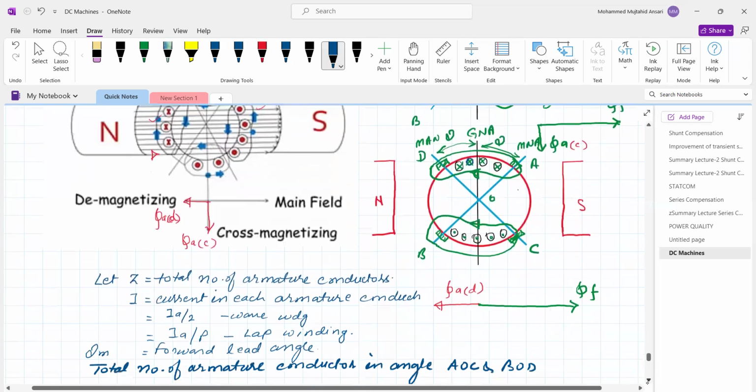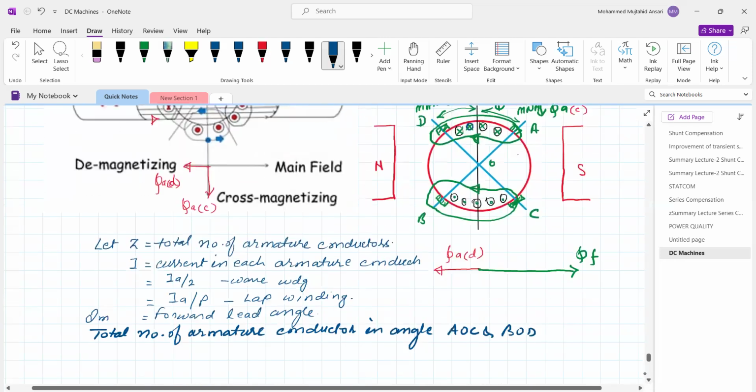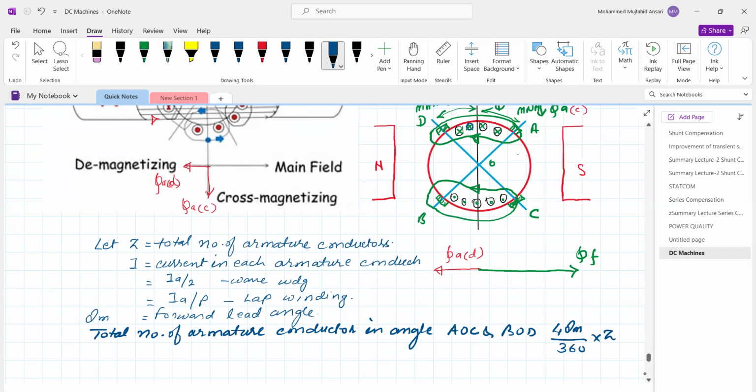So we are considering this much angle, which is equal to theta m. So it is 4 theta m divided by 360 into Z, meaning the total number of conductors for the angle theta m.